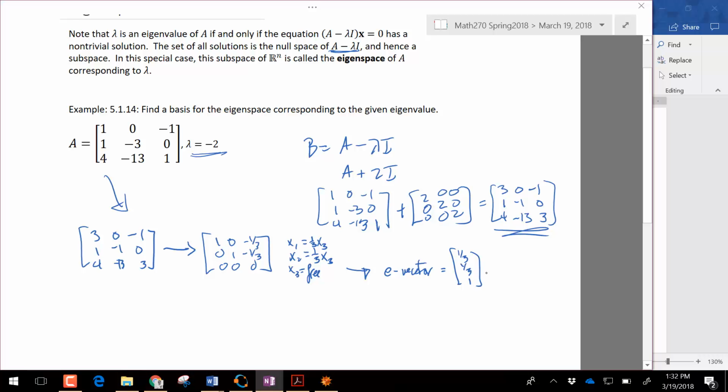I can just scale this, right? This is x3, so I can just scale it as 1, 1, and 3. Usually nicer to look at.